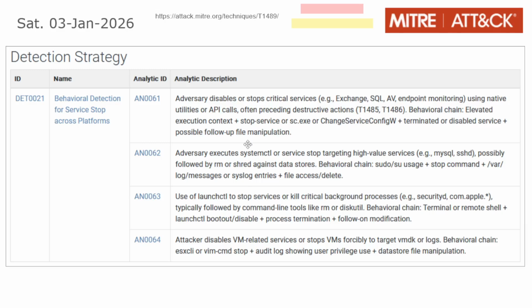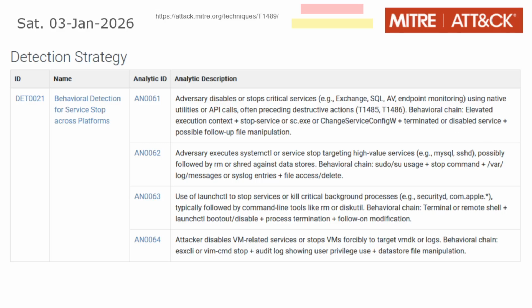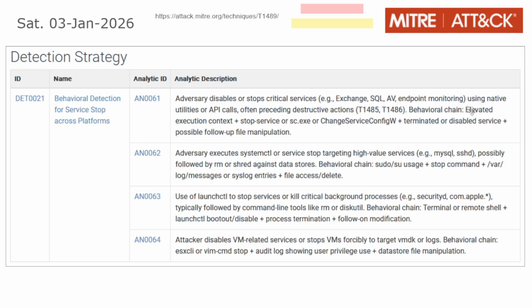Adversaries disable or stop critical services. Then you have some examples, as I mentioned before, antivirus endpoint monitoring, then using native utilities or API calls, often preceding destructive actions, and they are the T numbers. The behavior chain is elevated execution, stop service, and then follow-up file manipulation.